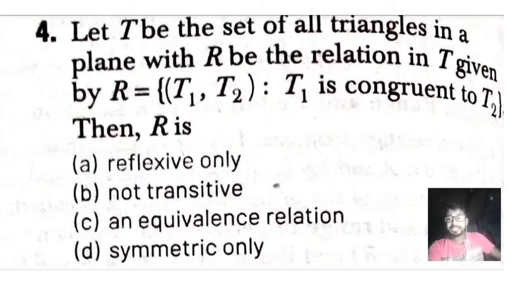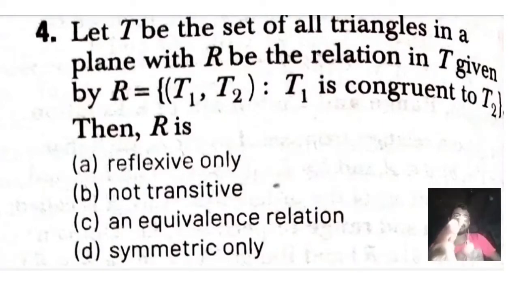Let T be the set of all triangles in a plane, with R the relation in T given by R = {(T1, T2): T1 is congruent to T2}. Then R is. We have to check. R is reflexive because every triangle is congruent to itself. Okay.